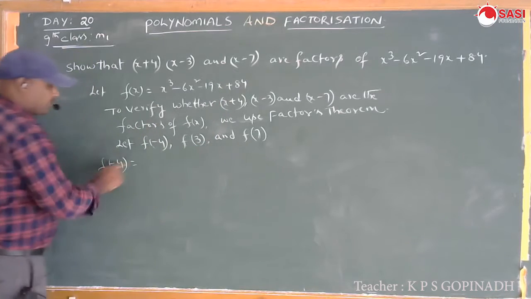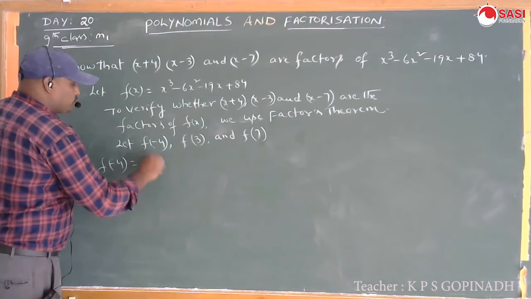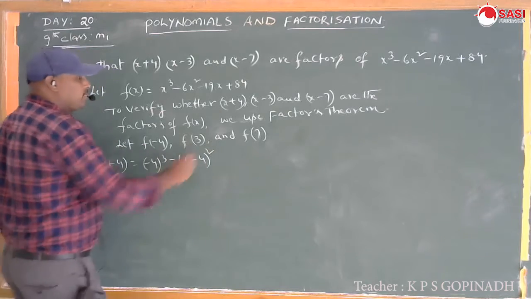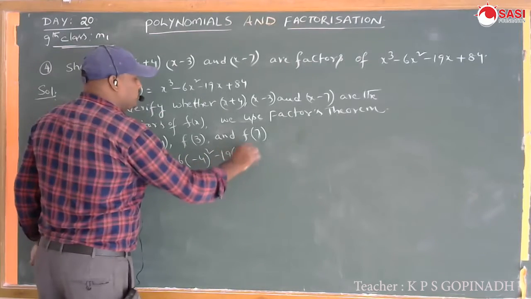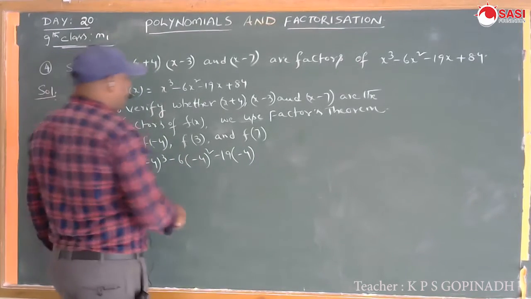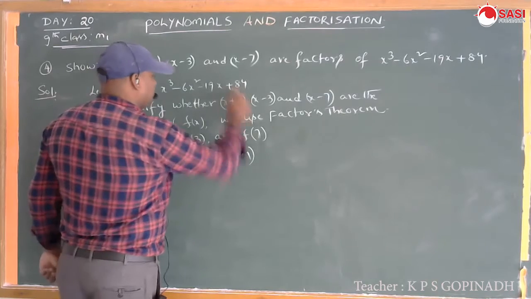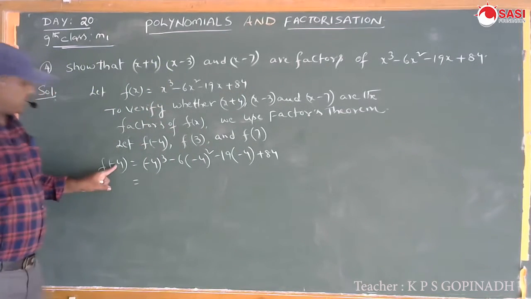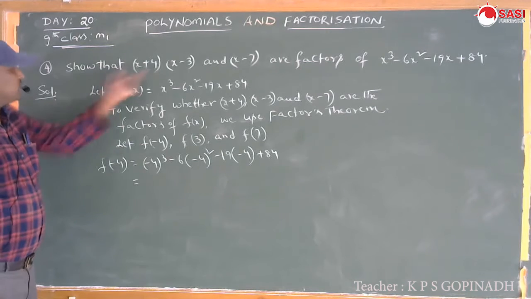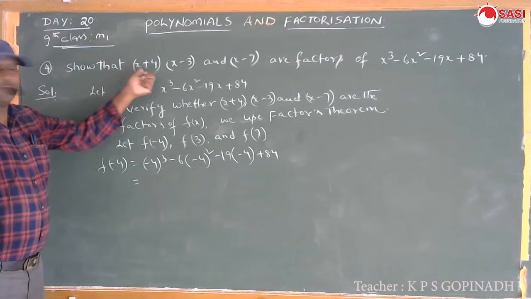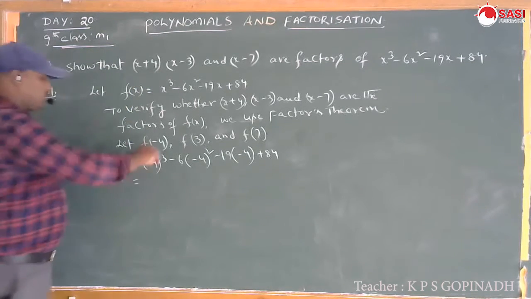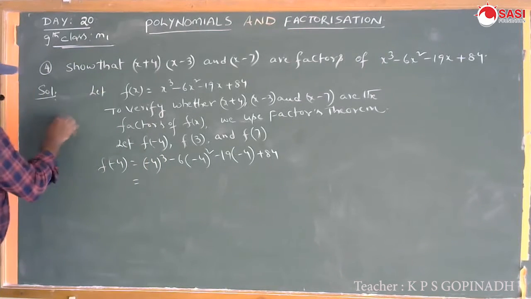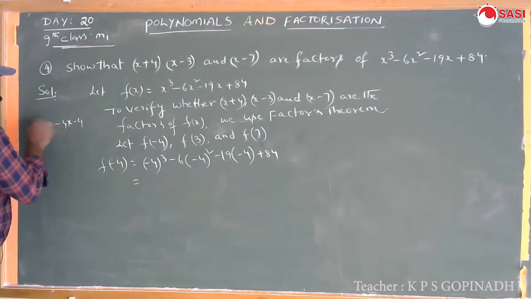So put x is equal to minus 4: minus 4 whole cube minus 6 into minus 4 whole square minus 19 into minus 4 plus 84. That is equal to, here what is minus 4? That is the 0 of the linear polynomial x plus 4. So minus 4 whole cube means minus 4 into minus 4 into minus 4.